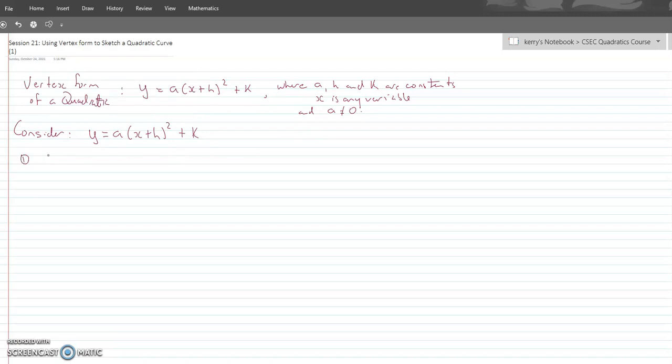So the first thing we needed to see was the nature of the vertex. If you forgot what the nature of the vertex was, it is whether it is a minimum point or a maximum, whether the graph looks like this or whether it looks like this, right? This is a minimum point graph, and this is a maximum point graph, right? How do we find the nature? And this is very easy.